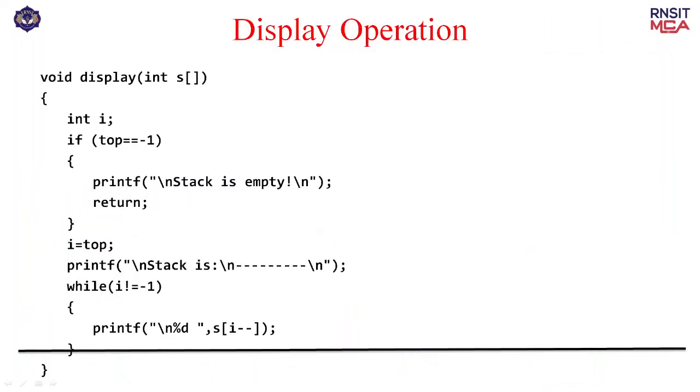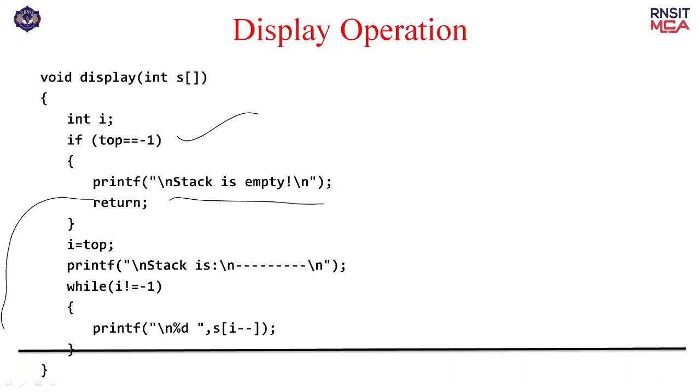And one more very important operation that you are trying to do is the display operation. What are you doing in the display operation? Very simple. You check whether top is at -1. If so, there is no element to display, so display the error message, stack is empty, and you can go out of this display function.